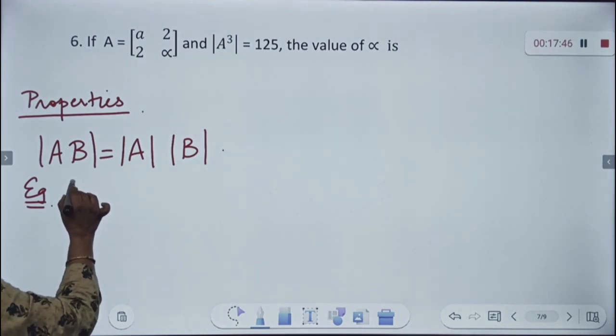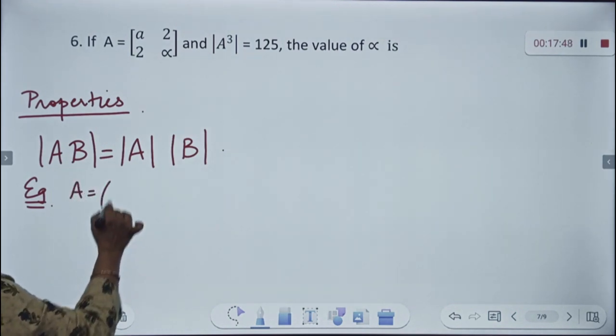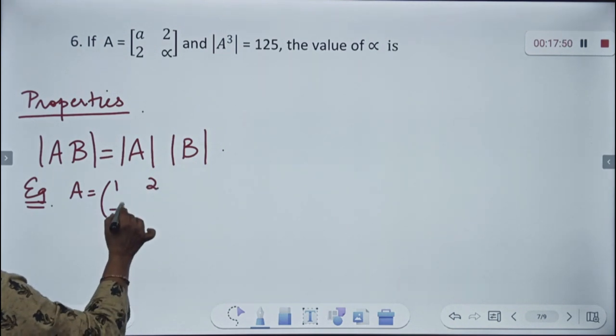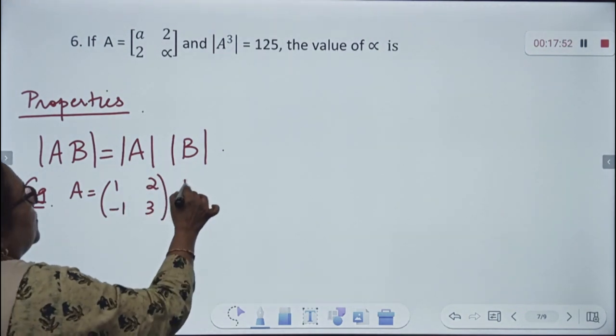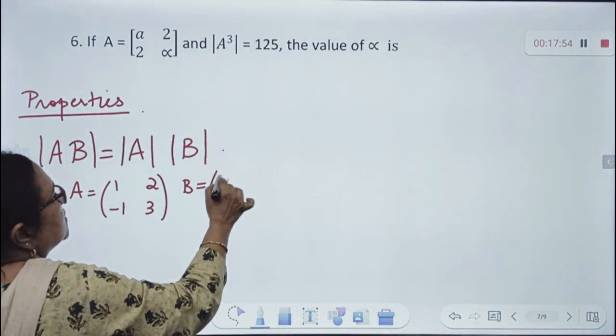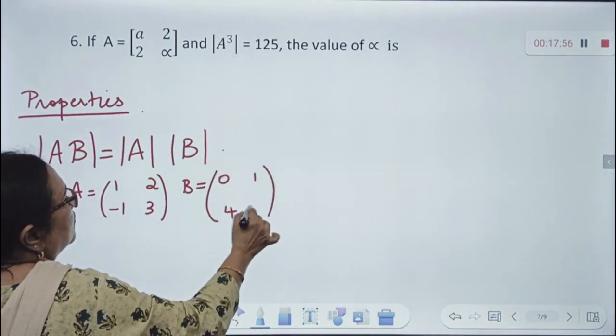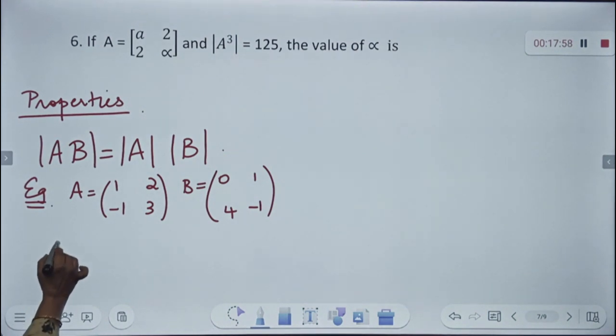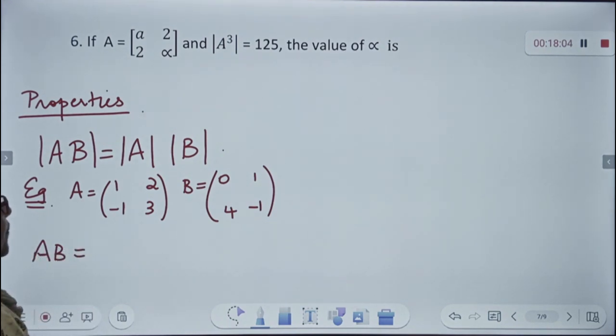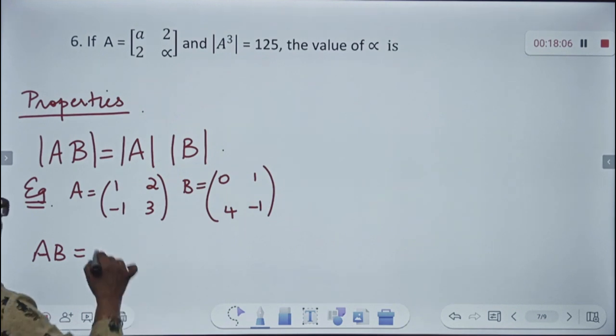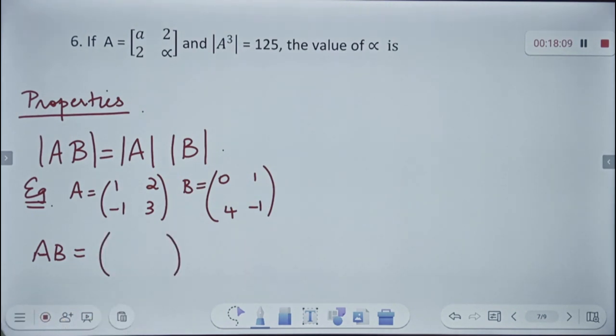Let me take an example and show you. Let A be the matrix 1, 2, minus 1, 3. B be the matrix 0, 1, 4, minus 1. Now what will be AB? I want to find the matrix AB.